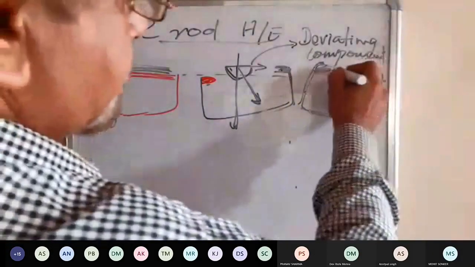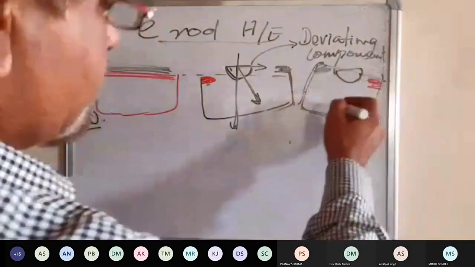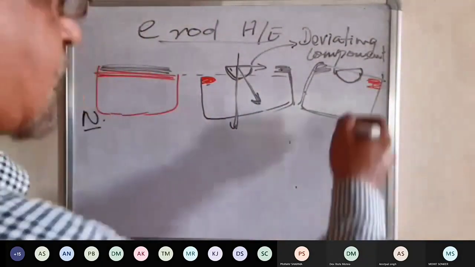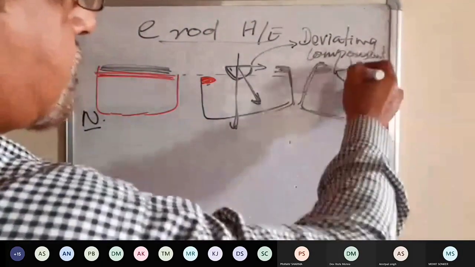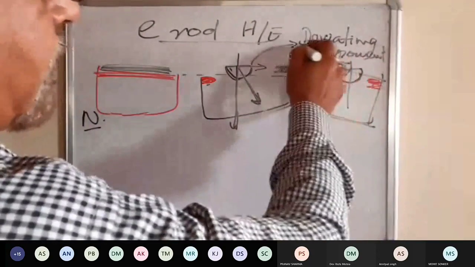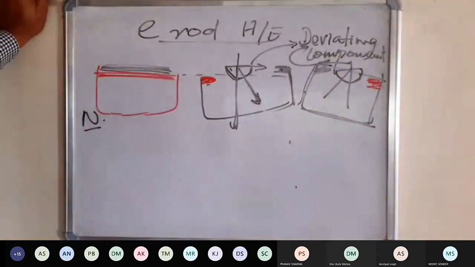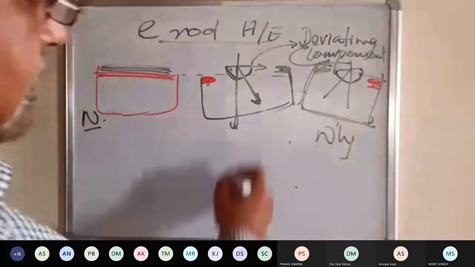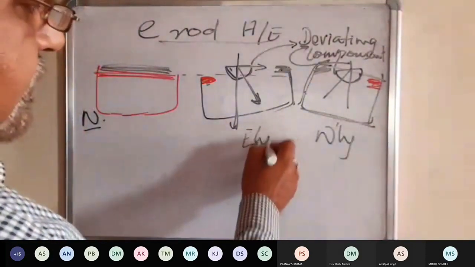The situation, the magnetic field will be in the opposite direction. This will be the deviating component. So this will be causing westerly deviation. This will be causing easterly deviation.